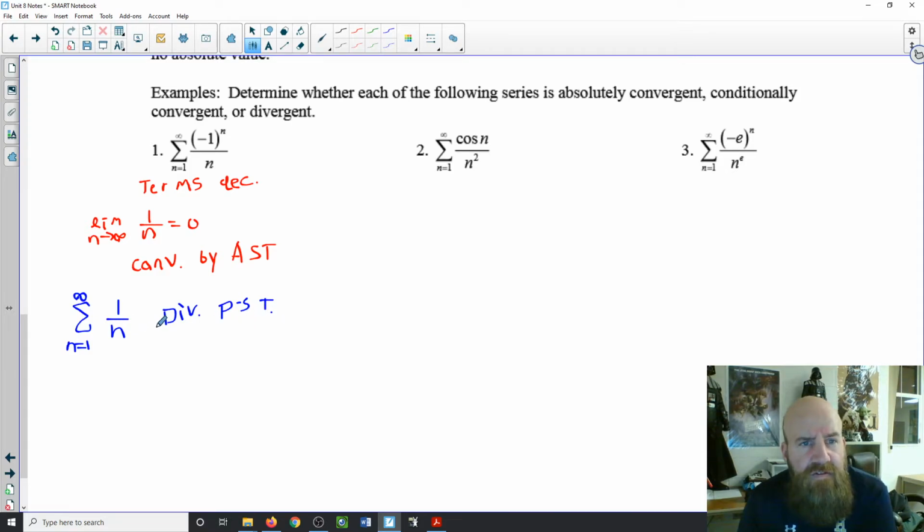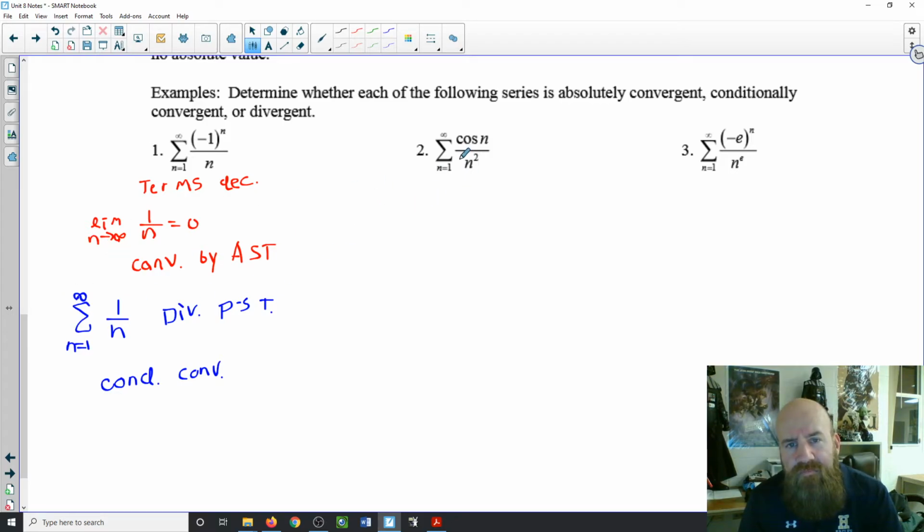So this is going to be converges conditionally, or just conditionally converges, in whatever order you want to say it in. So that's how that's done. You check the original and then you check the absolute value of that.